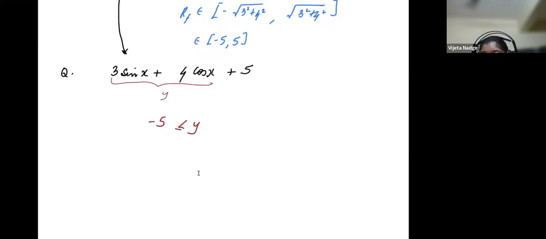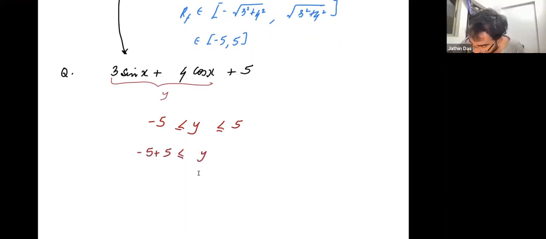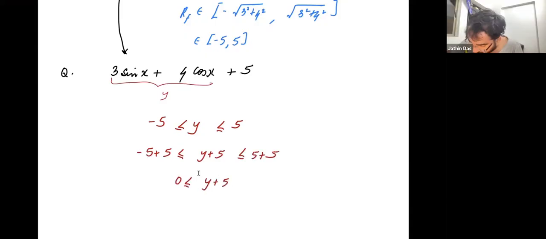You know already, -5 to 5. Now, to get this, I'll add 5 on all the sides of the inequality. So minus 5 plus 5, y plus 5, and 5 plus 5. So it is 0 to 10. So range is 0 to 10.